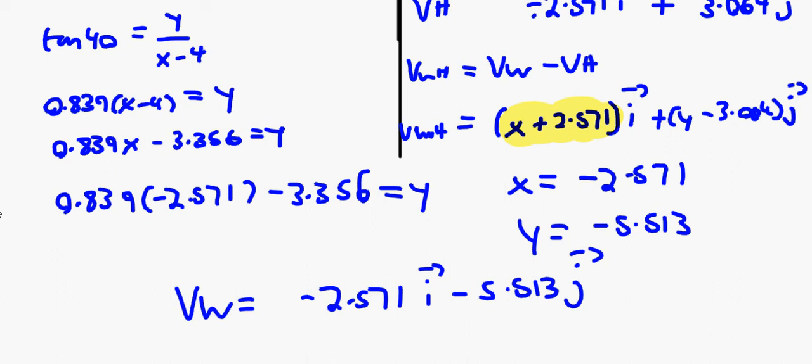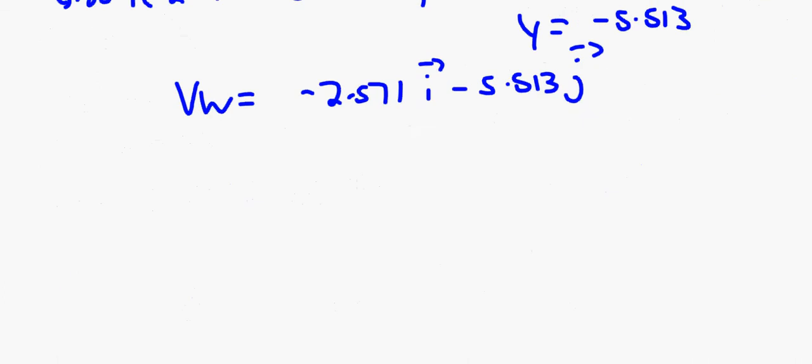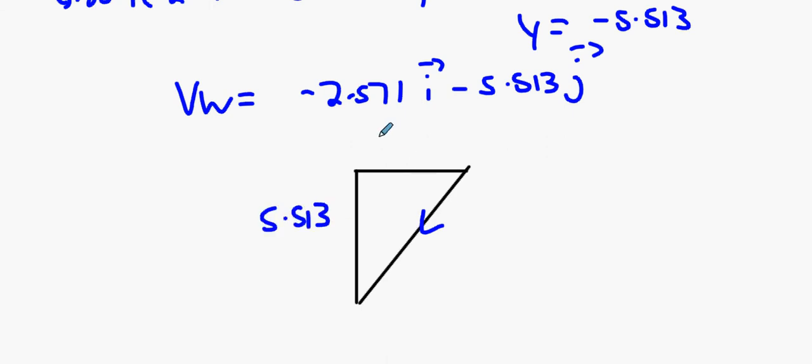Alright, what we're going to do next is, we know that this is going in a southwesterly direction. So we're going to find out the angles involved here. So this is going to be 5.513, this is going to be 2.571. Call this angle X. So we're going to tan inverse this.